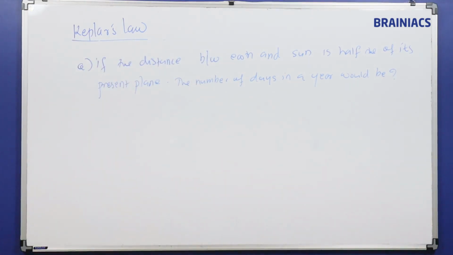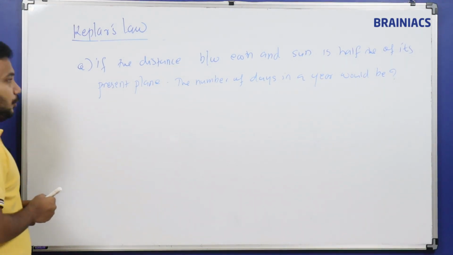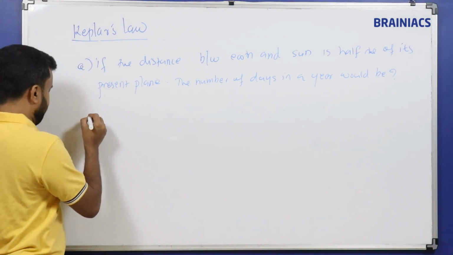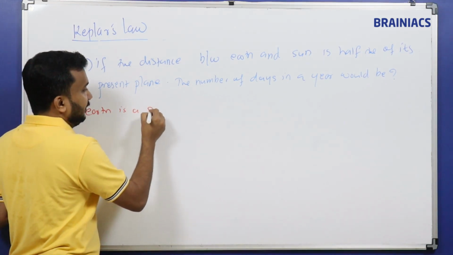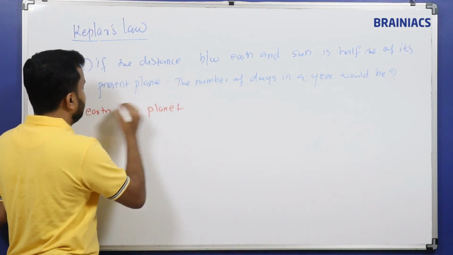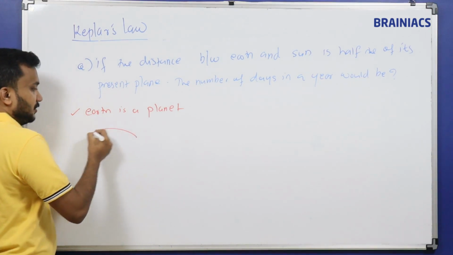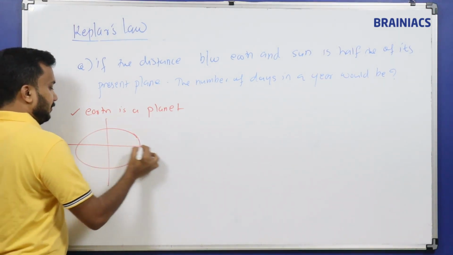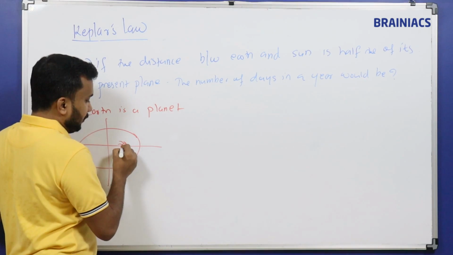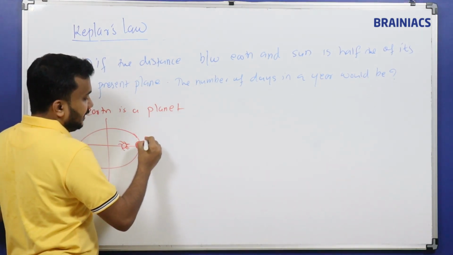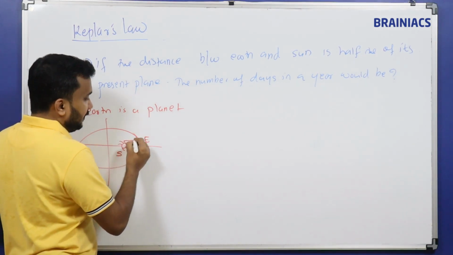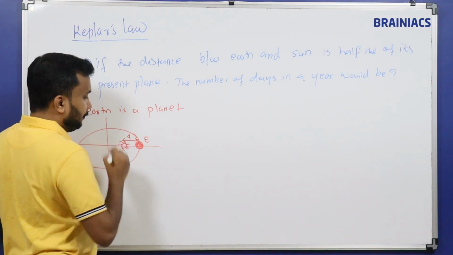So what does this question indicate? Initially, we know Earth is a planet. You must know Earth is a planet, right? We learned this in small classes. Now the situation is like this: the sun is located here, and our Earth is here, at an initial distance of d.